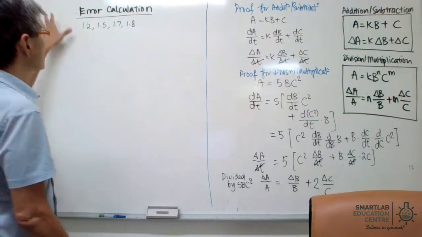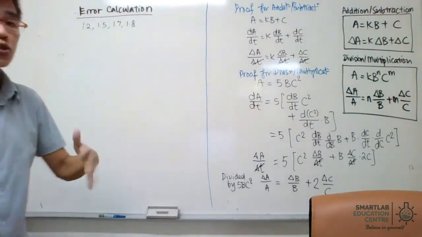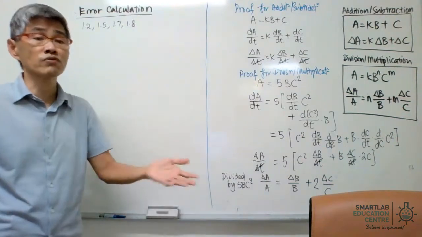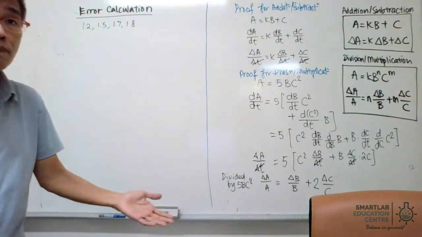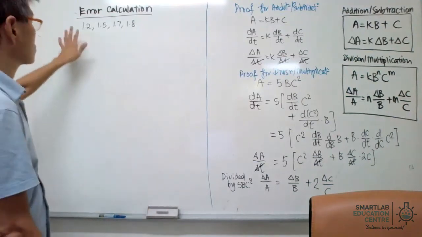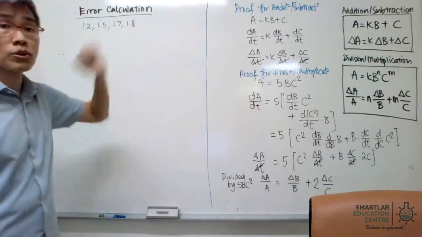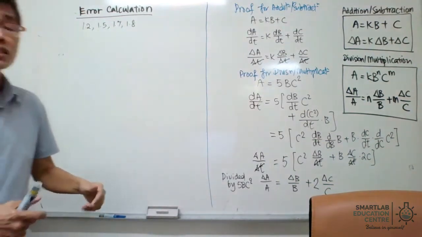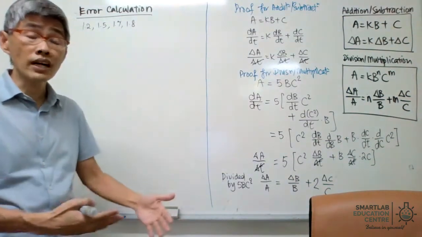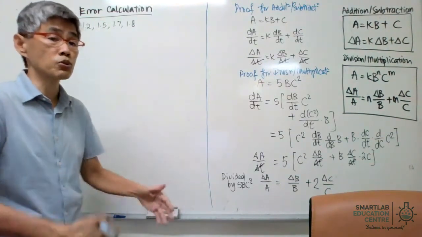So let's start off. Say, for example, a simple sample of readings that you get by swinging your pendulum and trying to find the period of an oscillation. You swing the pendulum and then record with a stopwatch. So you get 1.2 seconds, 1.5, 1.7, and 1.8. Okay, based on the instrument that you have, say for example your stopwatch, it gives you a precision of up to 0.1.